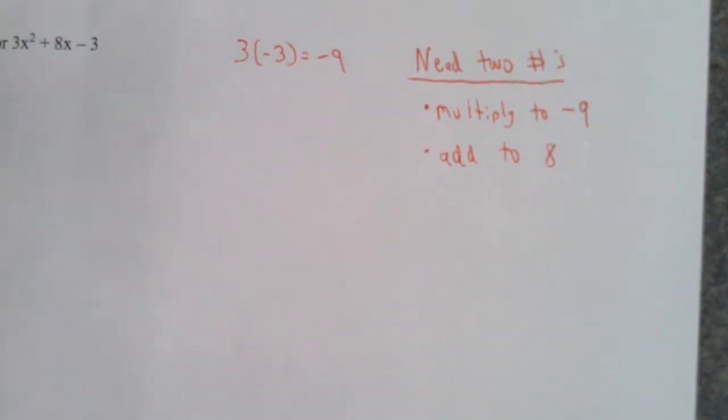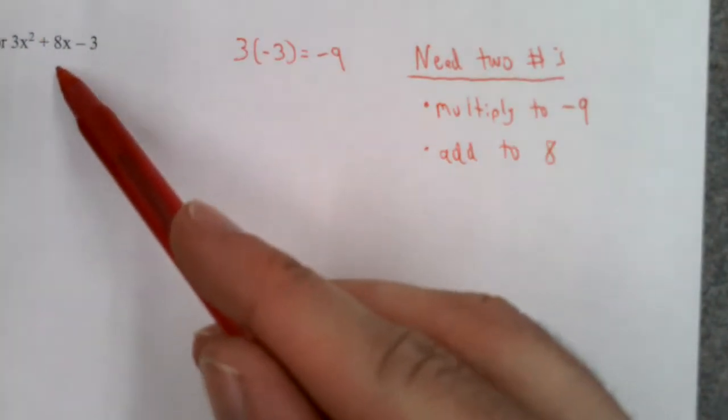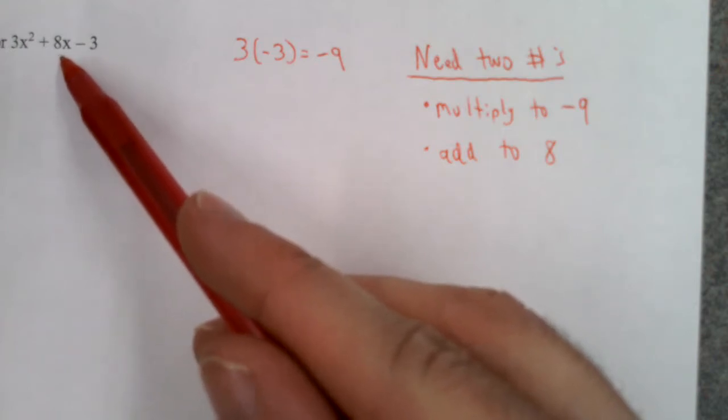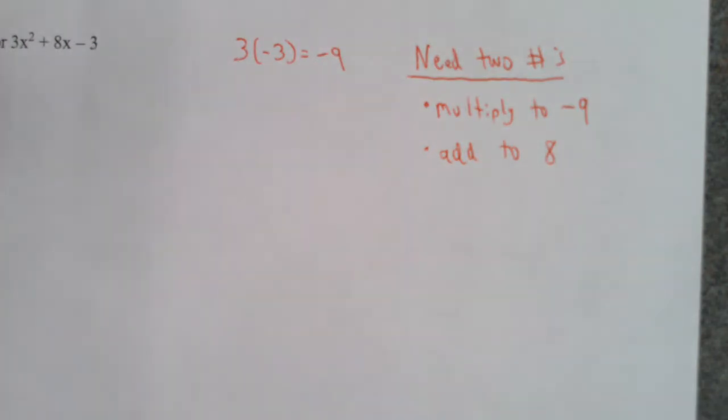The reason I'm saying they have to add to positive 8 is because they always have to add to whatever that number is. It's 8, so that's what they have to add to. So take a second, see if you can think of the numbers. This one shouldn't be too bad, they're not that big.